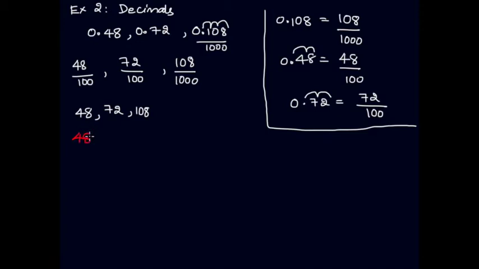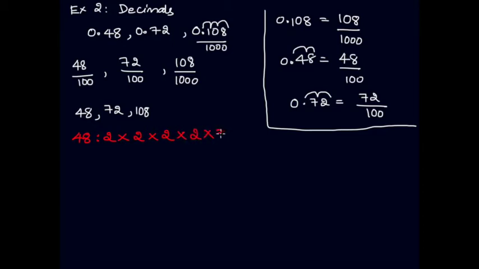For 48, let's do the factorization. You guys can use upside down division and find this out. I won't be showing it here, but it's the same as the previous problem that we saw on fractions. So first let's start off with 2 times, so 48 divided by 2 is 24. 24 divided by 2 is 12. 12 divided by 2 is 6. 6 divided by 2 is 3.